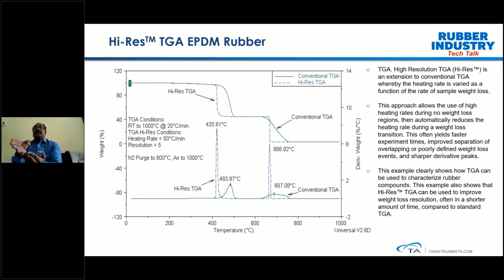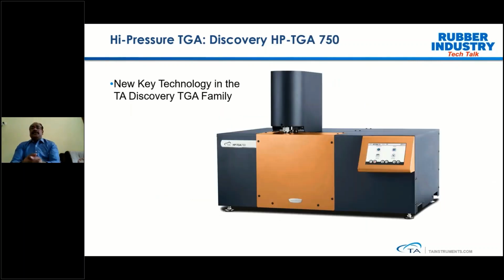Finally, we go to the next level of decomposition. This way, we are better resolving the overlapping events, and that also helps us to quantify each weight loss in a better manner, which could be complicated in many standard TGA runs. And this is the clear advantage of high-res TG.